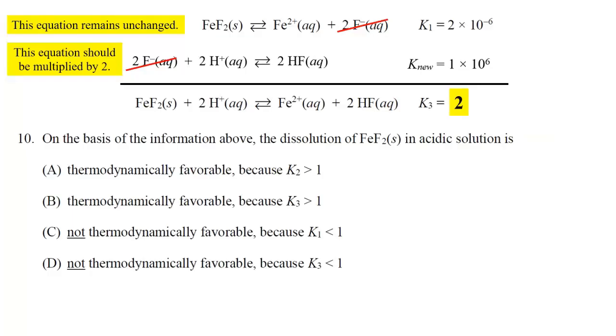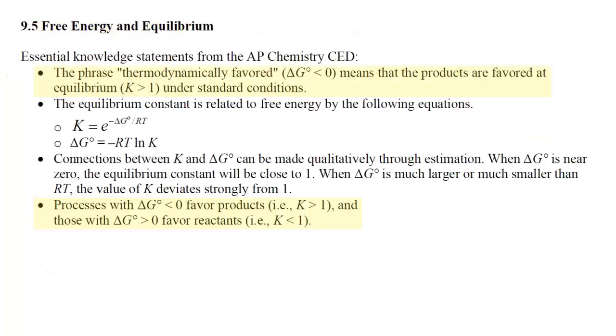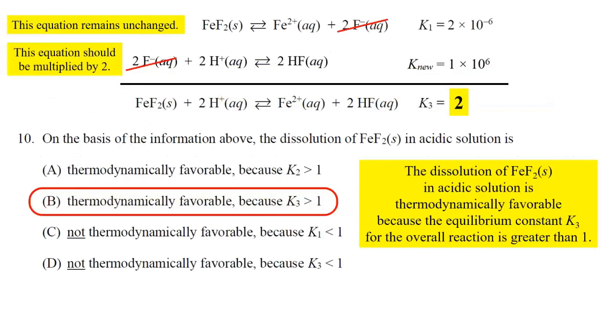Now, how does the number 2 help me answer this question? Well, remember that if K is greater than 1, then the process will be favorable with a negative delta G. Otherwise, if K were less than 1, then the process would not be favored with a positive delta G. So 2 is greater than 1, so the dissolution of solid iron fluoride in acidic solution is thermodynamically favorable, because the equilibrium constant is greater than 1, so therefore the delta G would be negative.